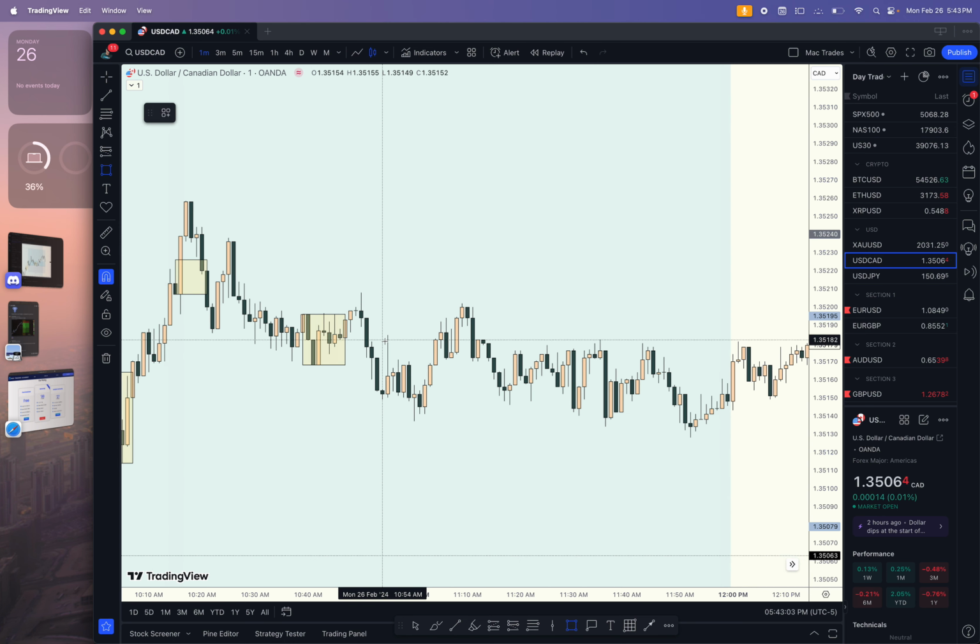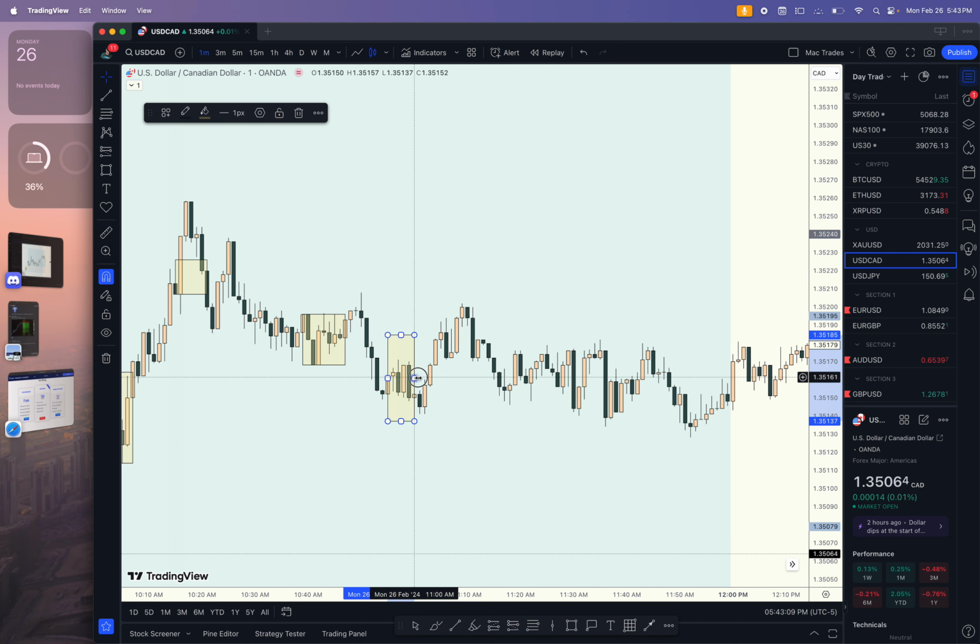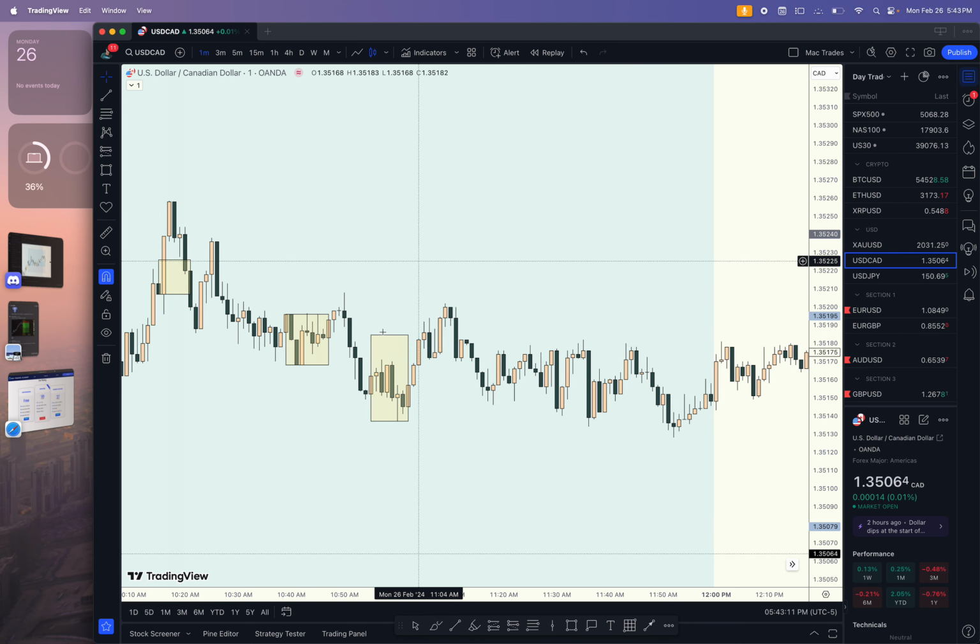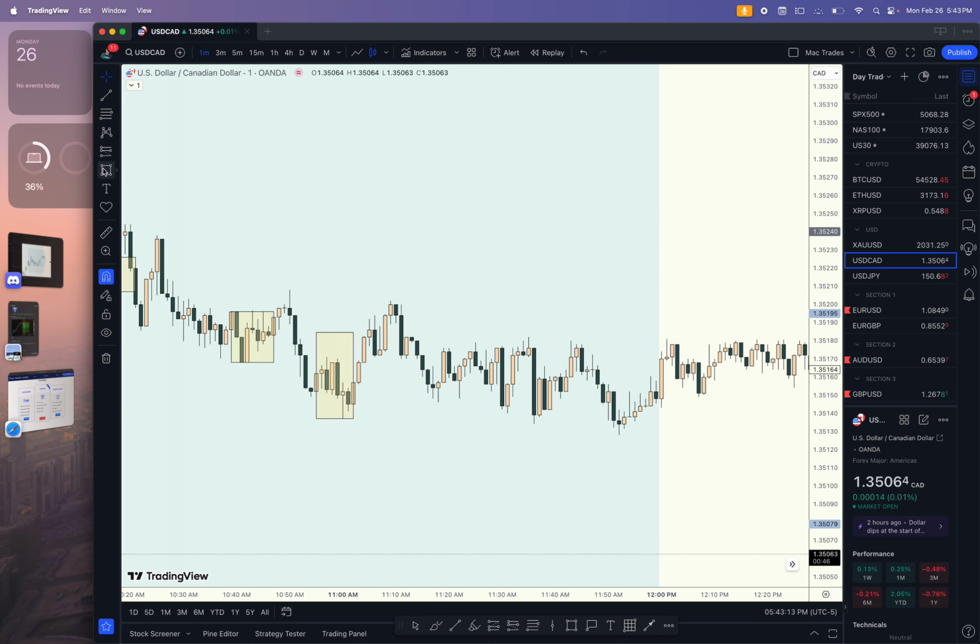Accumulation here. Quite a large range. Not too fond of how large that range is, relatively speaking to price action. Accumulation, right? Now, every time you see accumulation, you're not going to be interacting with the market.